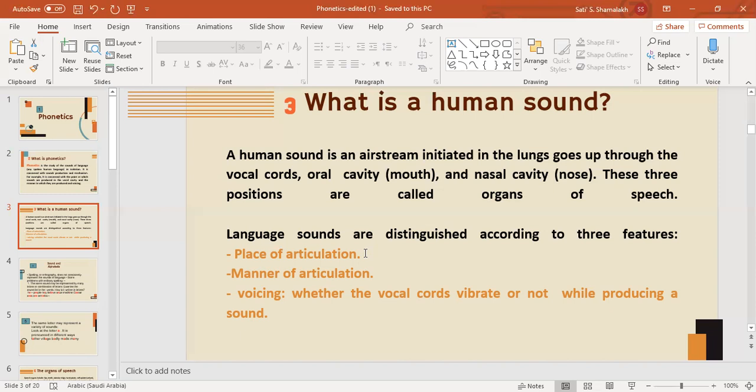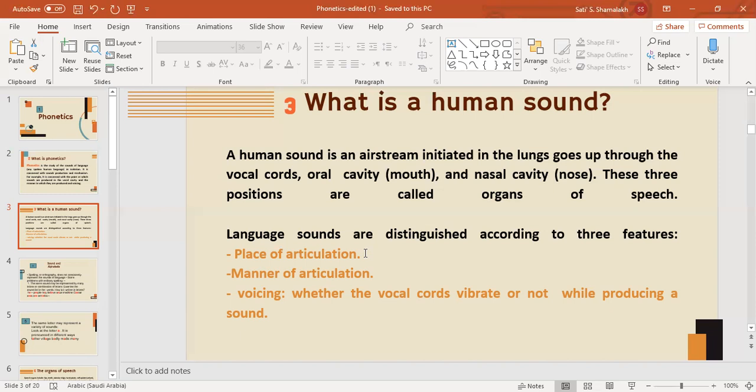Now, when you say, for example, the sound "s", you can continue saying it for a long time, for hours. So the air is released, but not suddenly. It is a matter of letting the air pass gradually.